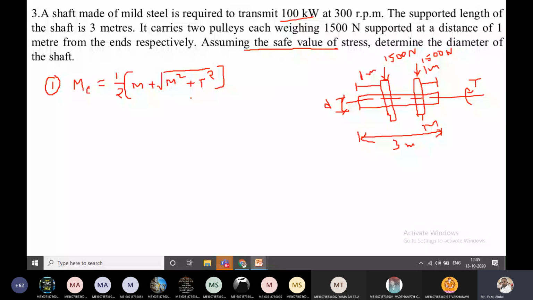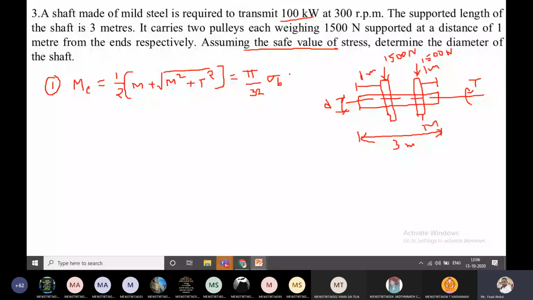ME is nothing but the equivalent bending moment. Equivalent bending moment equals pi by 32 sigma b into d cube. Here the sigma b value is not given in the question, so we need to assume it.